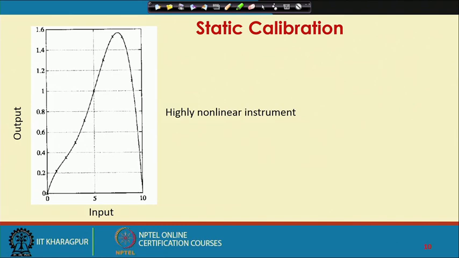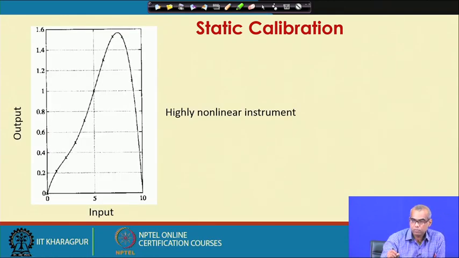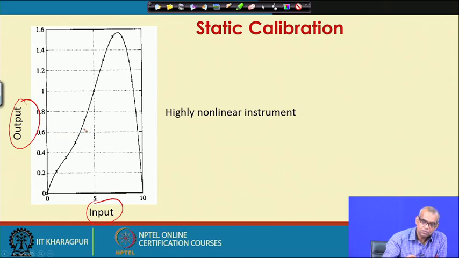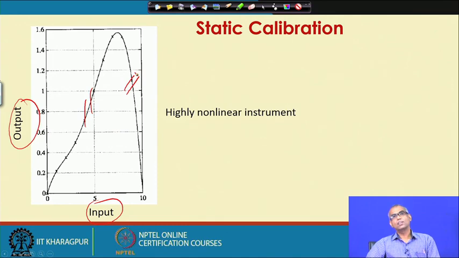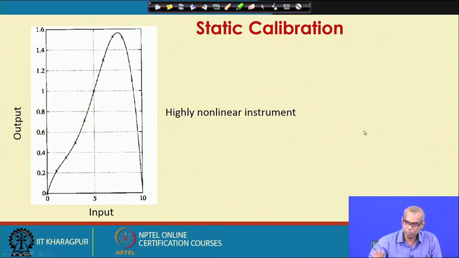If you look at here, this is the relationship between input and output, which is extremely nonlinear in nature. So, this is a highly nonlinear instrument. So, extrapolation and interpolation are not very simple here compared to linear instruments.